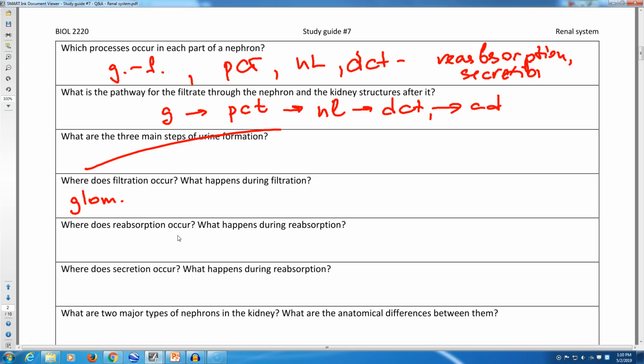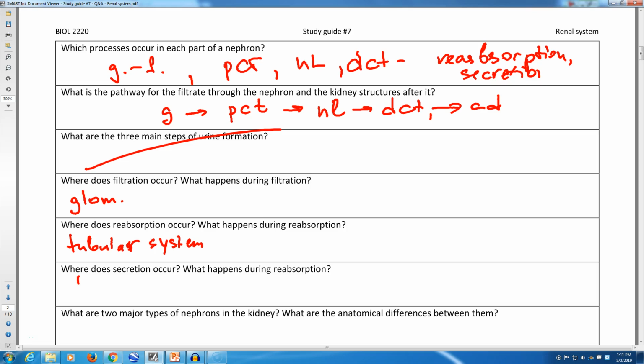During filtration, water and small molecules go from blood into the filtrate. Reabsorption occurs in the tubular system. During reabsorption, water, ions, and other small molecules and nutrients return back to the blood from the filtrate.